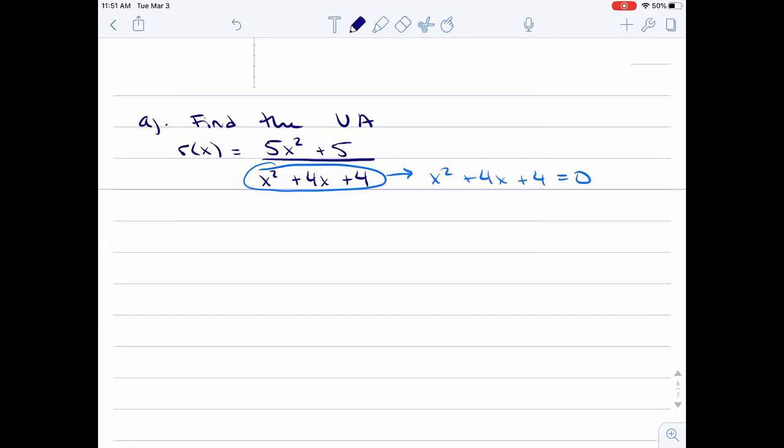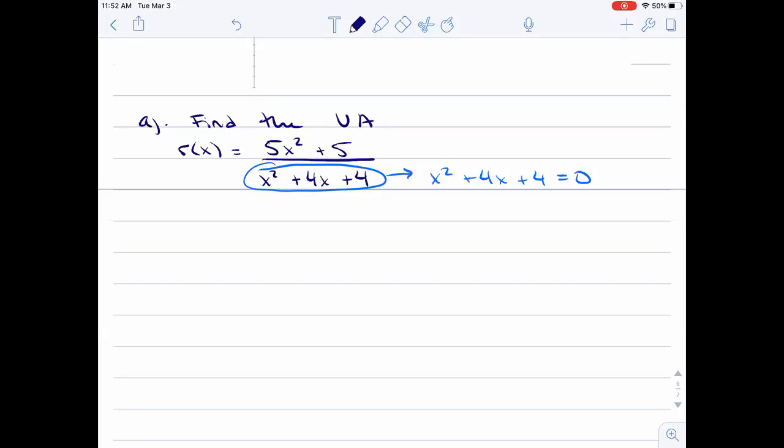We could, I would probably say, just use the quadratic formula, right? Because then you don't have to factor, and it's a quick way to factor, in my opinion, as soon as we have a quadratic here. Or you can look at this and say, what value multiplies to 4 and adds to 4?